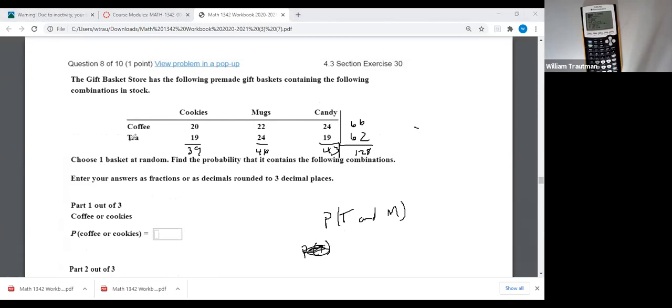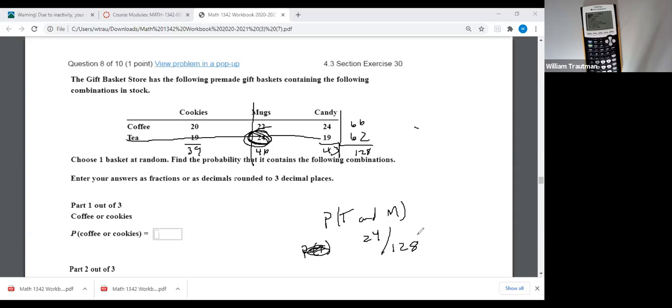You look at, here's T, here's mugs. T and mugs, it doesn't say given or anything, it just says T and mugs, which is right here. 24 out of the total 128. T and mugs is an intersection. T and mugs is 24 out of a total of 128.